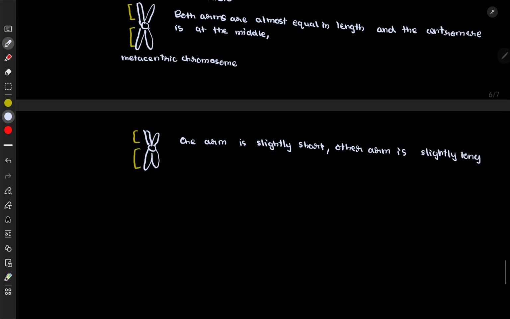Then the centromere is near the middle, but not in the middle. Then it's called a sub-metacentric chromosome.